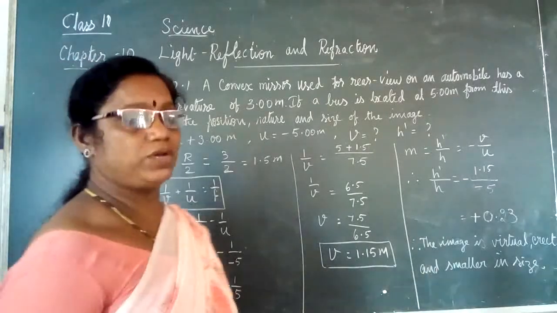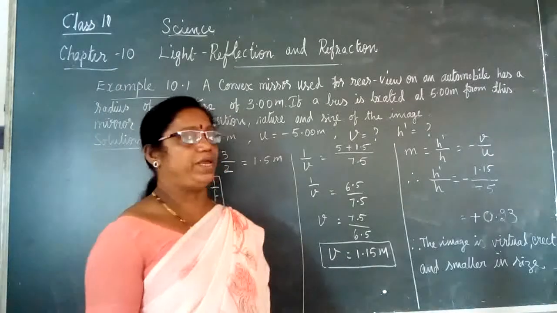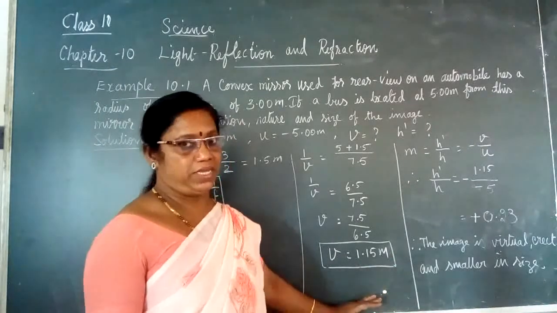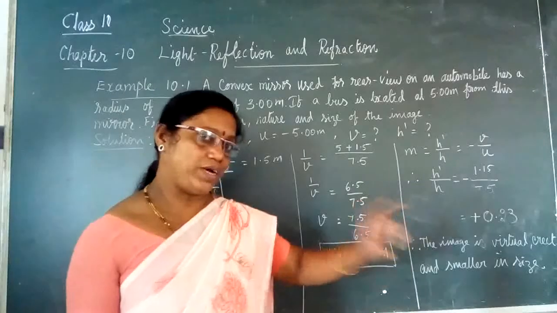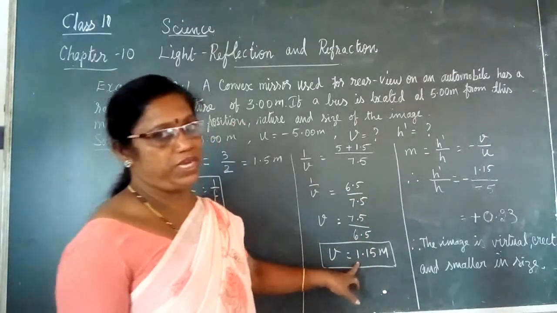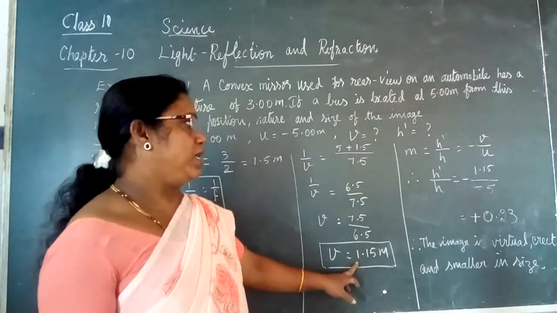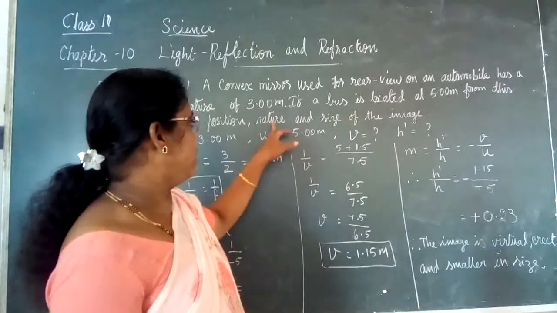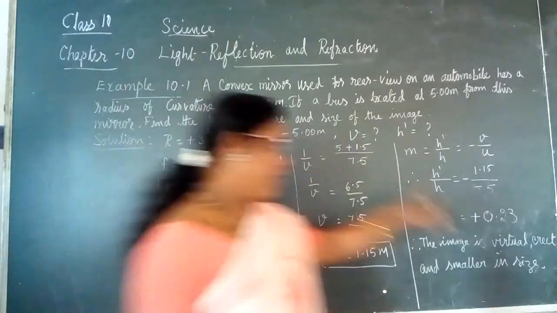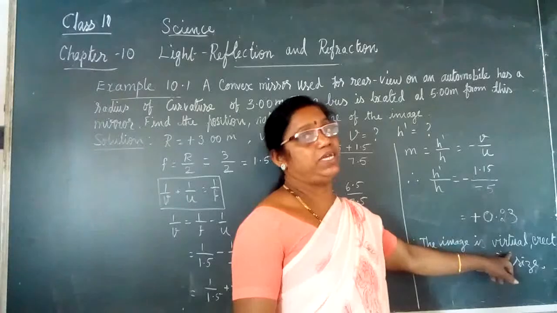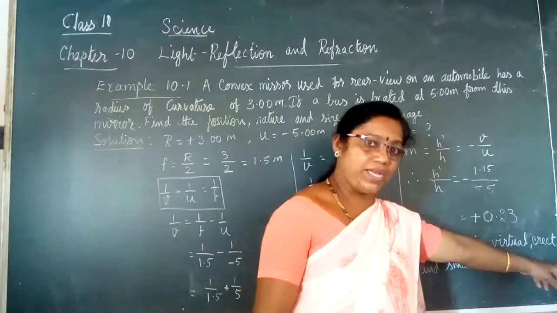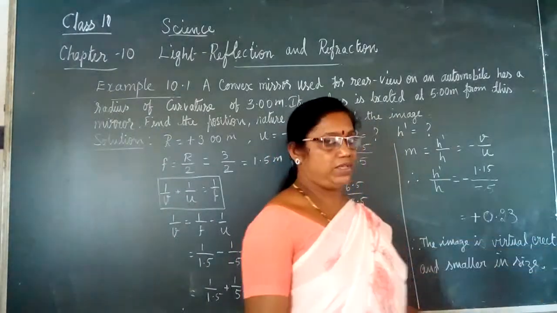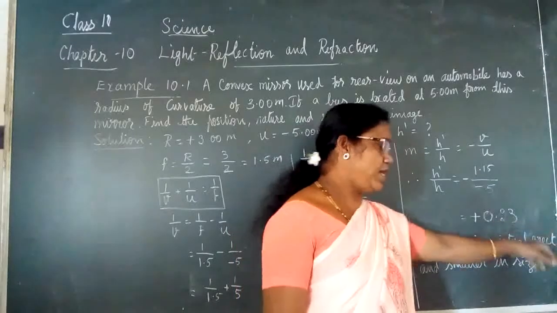If it is on the other side, it should be a virtual image. Hence we have got a virtual image because v is positive. When it is a virtual image, it will be an erect image. Hence, the image is virtual and erect.